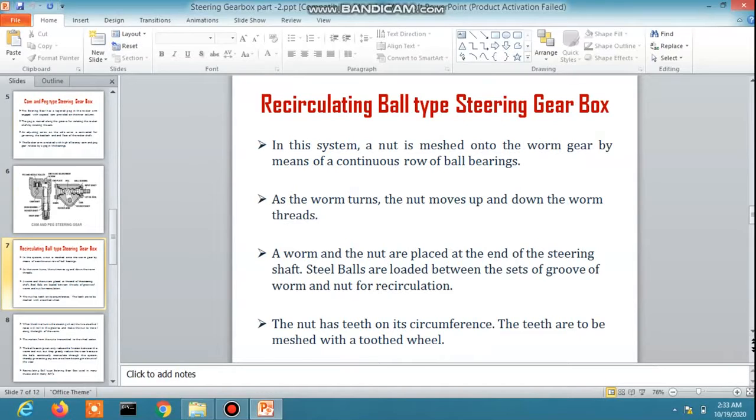Since a peg is engaged with a hole in the side of the nut and the peg is carried by a cross shaft, the movement of the ball and nut causes arc motion in the cross shaft. Friction is much less in this system as the nut and the worm have only point contact through the ball.